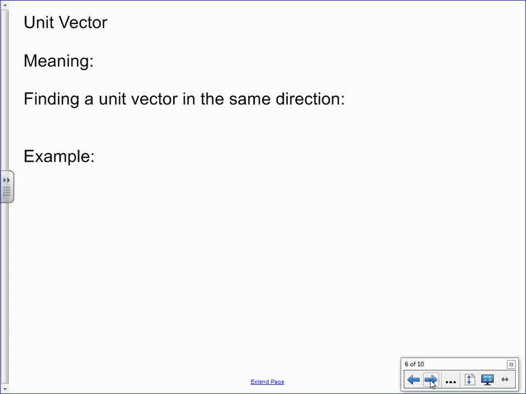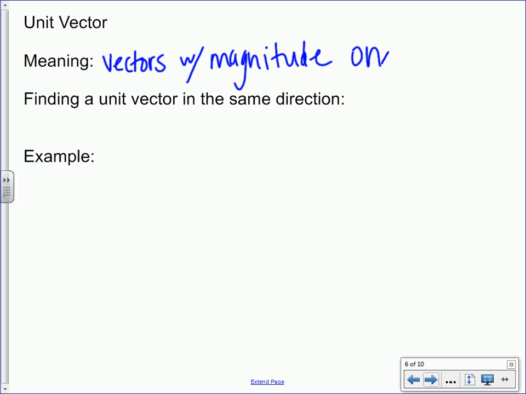They are unit vectors because they have magnitude of 1. If you recall back to chapter 6, we took vectors and found unit vectors in the same direction. Do you remember how we did that?